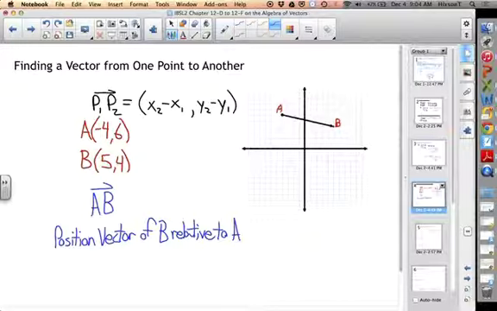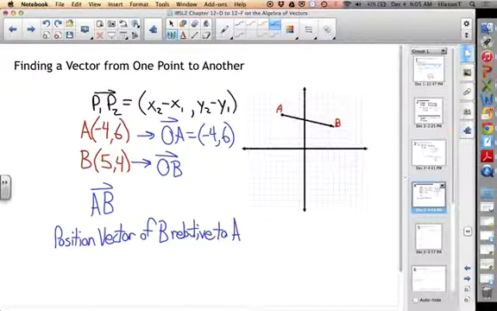Remember, each of these points could be written as a position vector. The position vector from the origin to A is equal to (-4, 6), and the position vector from the origin to B is (5, 4).